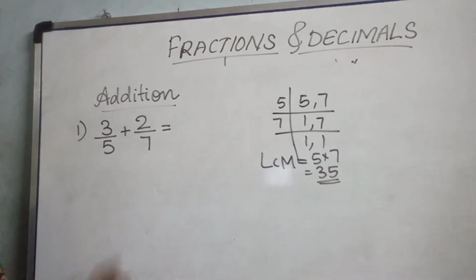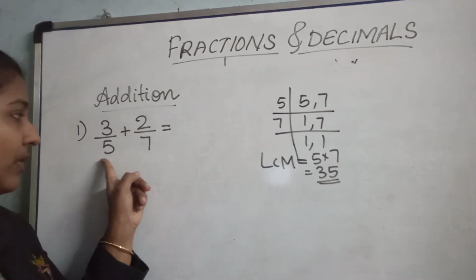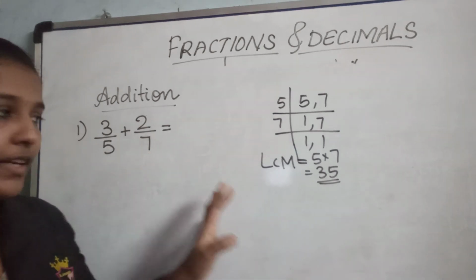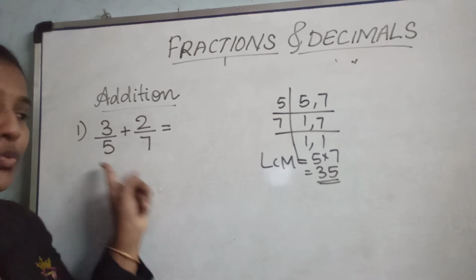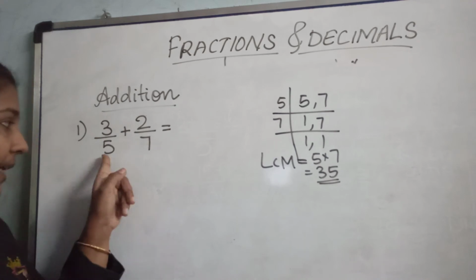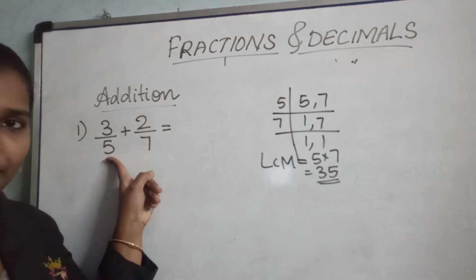That means you can make these two denominators as 35. And now you tell me which number we can multiply with 5 to make it as 35. Yes, we can multiply 5 with 7 to get 35. Isn't it?